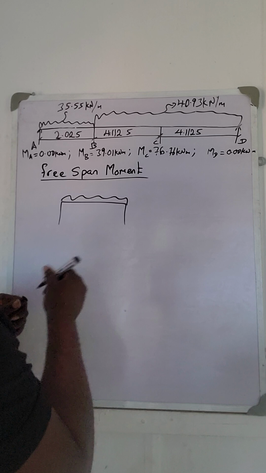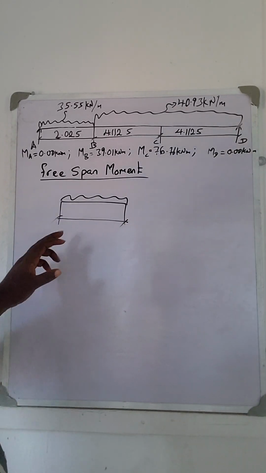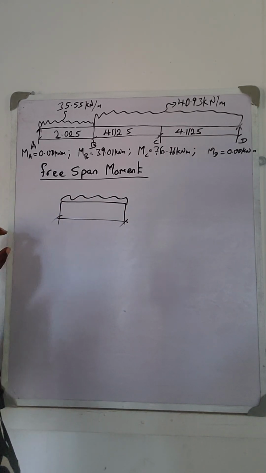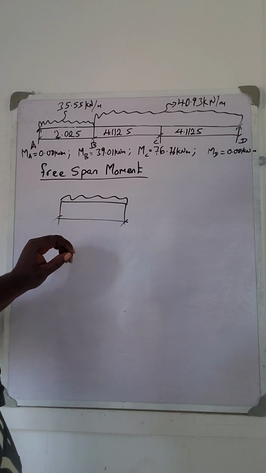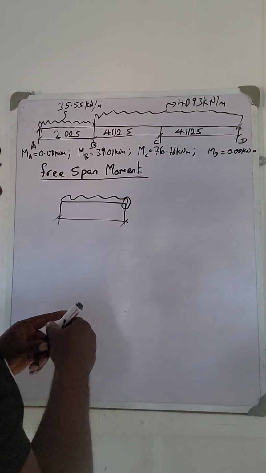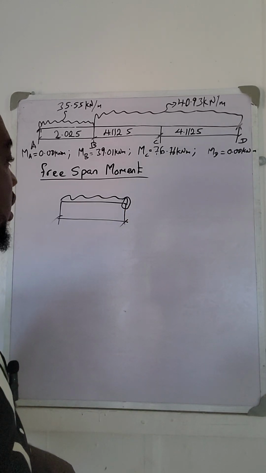So the free span movement assumes that at its ends they are supported, and that at this support it rotates or it can be deflected.